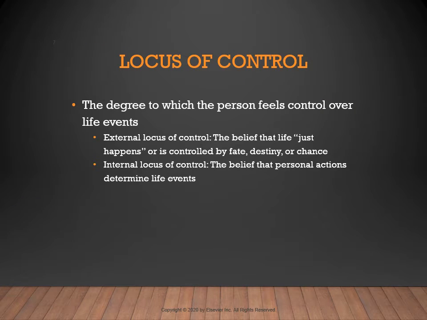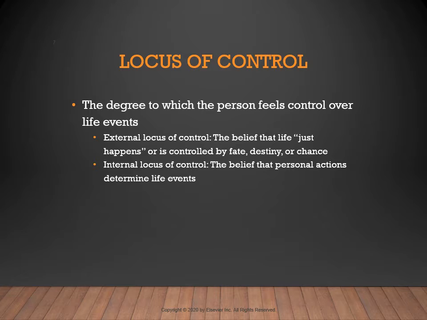The locus of control is a concept where people feel either they have control over the things that happen to them or they don't have control. So, an external locus of control is the belief that life happens to you, and an internal locus of control is the idea that you have control over what happens to you. So, if both of these individuals were in a hurricane and they were sitting on their roof, someone with an external locus of control would be sitting there thinking, this hurricane happened.